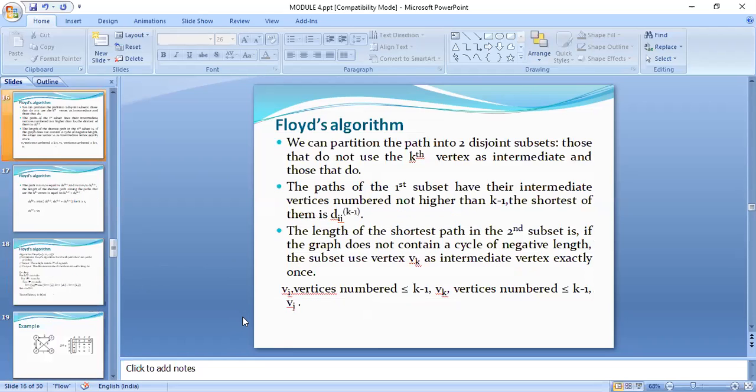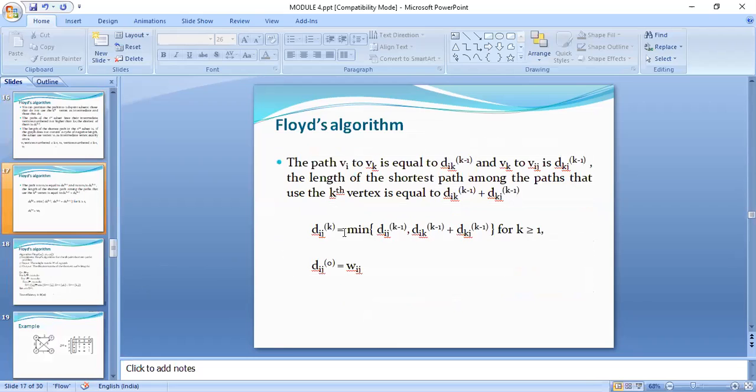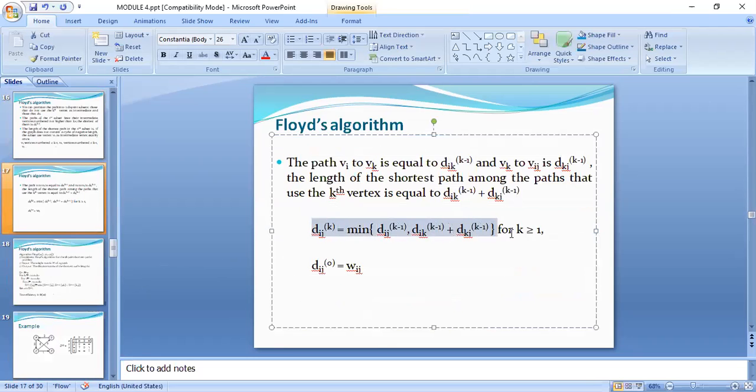Here also you should know this formula. The initial matrix is your weight matrix as it is, but at each stage you will be using this formula to find out the next value.